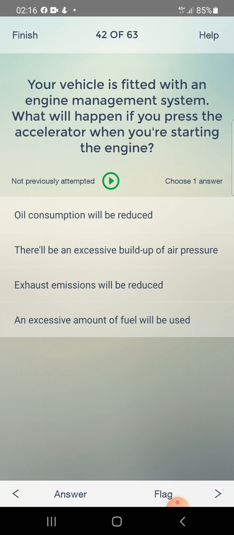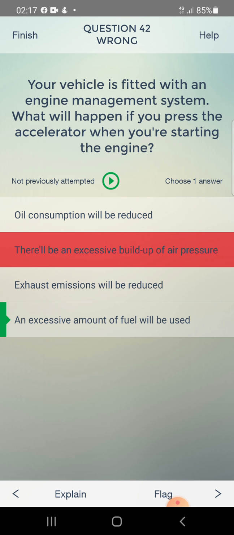There will be an excessive buildup of air pressure. So exhaust emission will be reduced and excessive amount of fuel will be used. Second, wrong. Fourth, an excessive amount of fuel will be used.